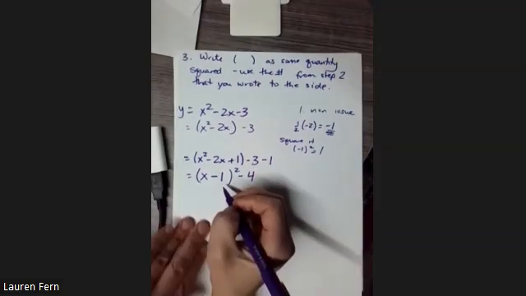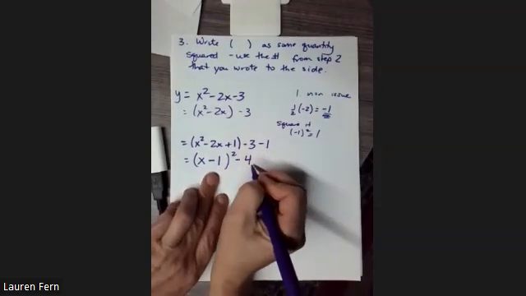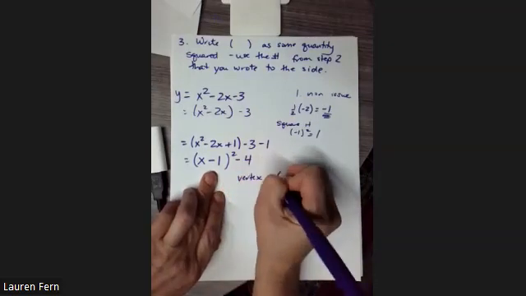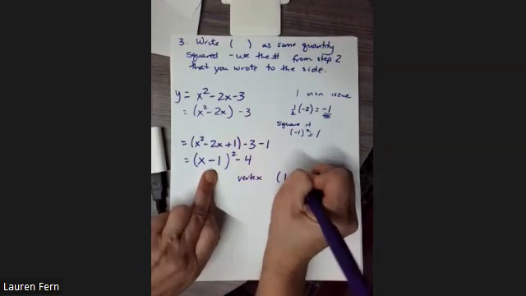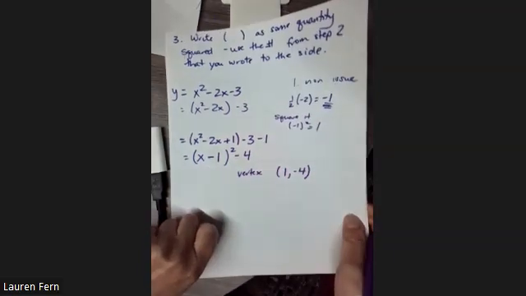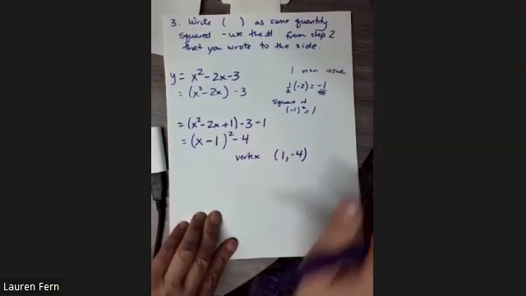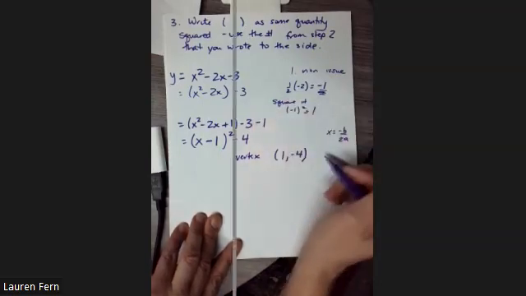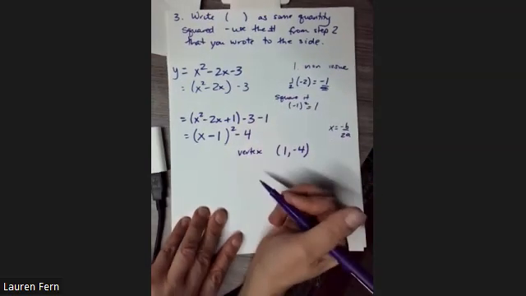Okay, so we have now written it in vertex form. I claim my vertex is +1, -4. And you can also use that shortcut -b over 2a to verify that you're going to get the same thing.